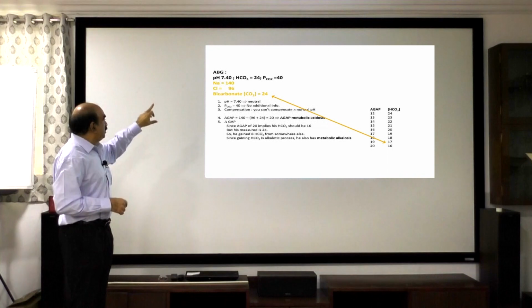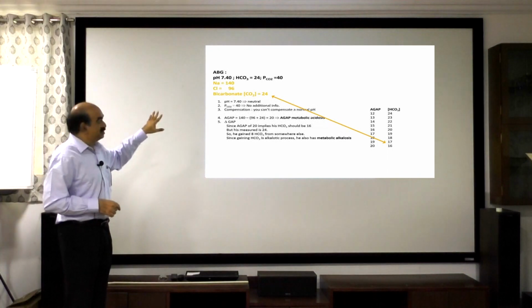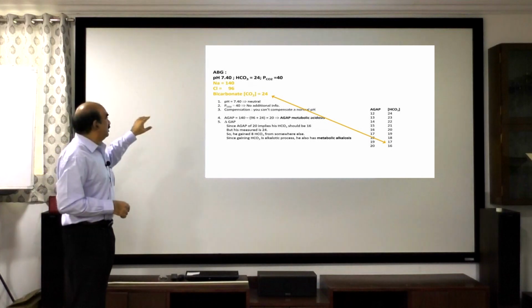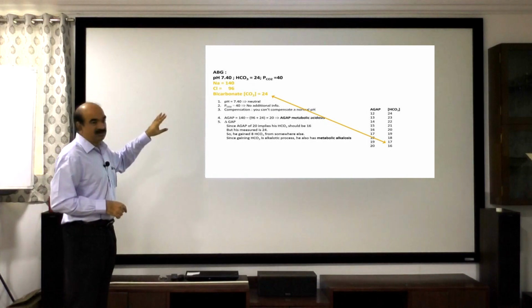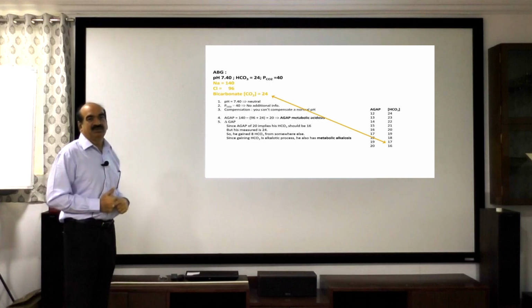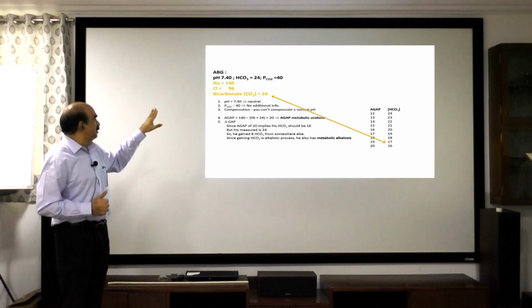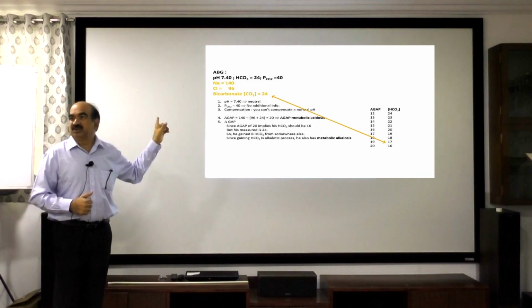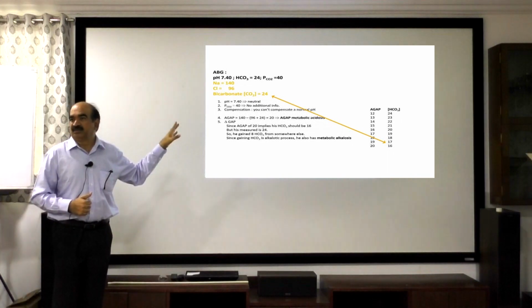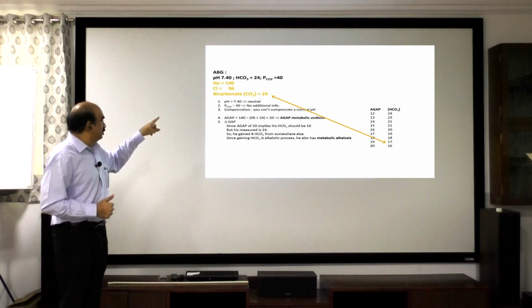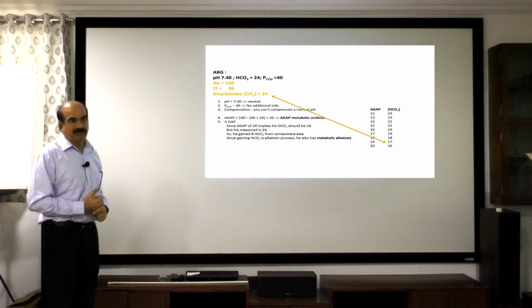Here pH is 7.4, normal; bicarb 24, normal; PCO2 40, normal. If we focus only on pH, bicarb and CO2, we assume the ABG is normal. In that situation, we should look for the anion gap.